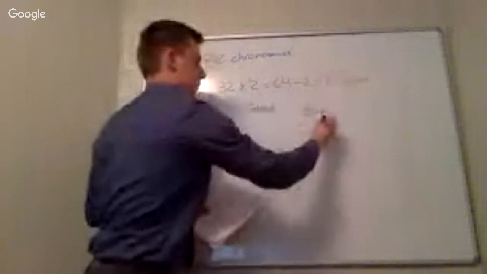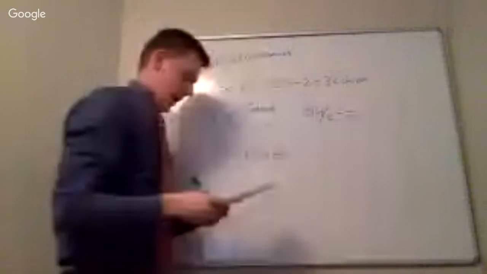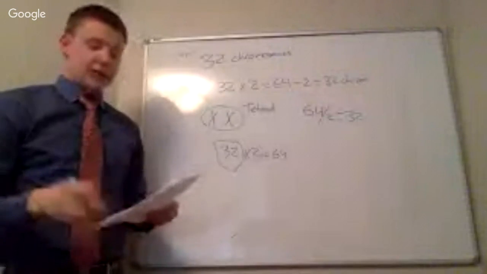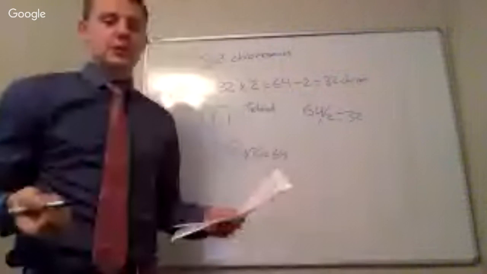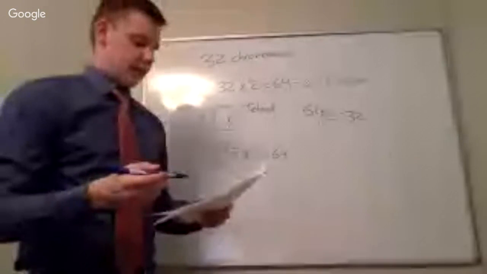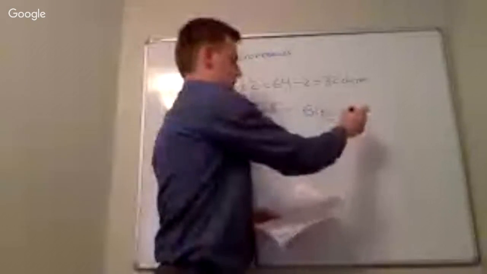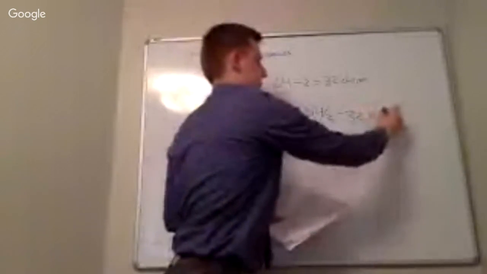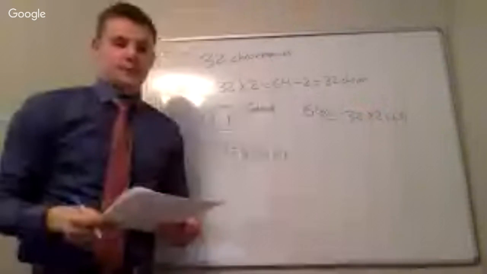So we're now at 32 chromosomes currently at metaphase 2, but we're asking for sister chromatids. Now, with the definition of a sister chromatid per chromosome in a diploid cell, we just have to times this by 2, and that gives us 64 sister chromatids.